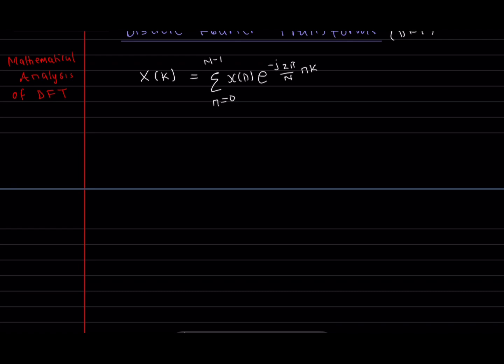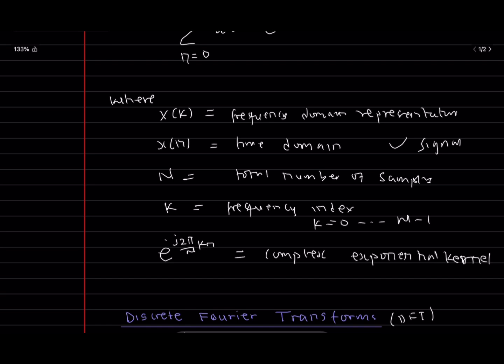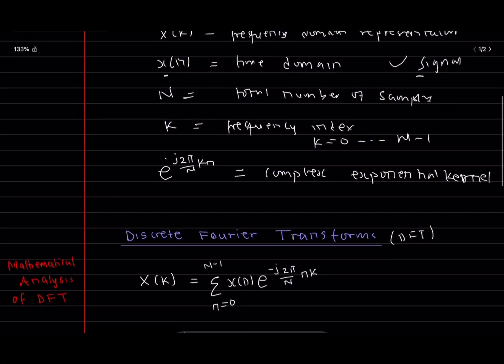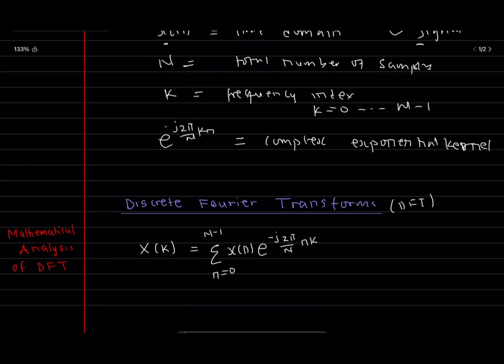As I mentioned earlier on, X of k is the frequency domain representation. x of n here is the time domain representation of the signal. The N represents the total number of samples, and then the k represents the frequency index.